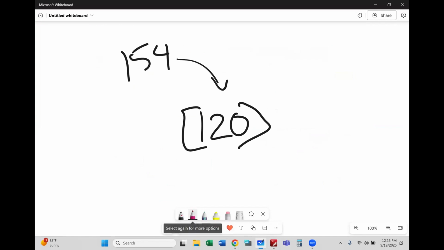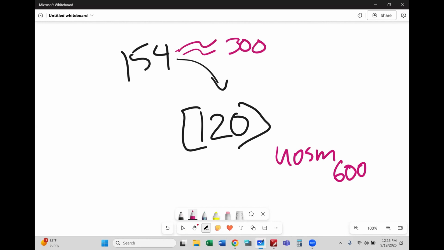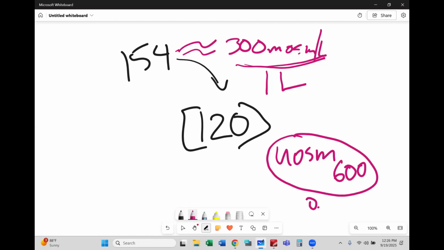Well, you should be able to explain to your resident that, let's suppose your urine osmolality, because of SIADH, is somewhere around 600 milliosmoles per liter. And you give them a fluid which contains roughly 300 milliosmoles per liter, okay? Then, theoretically, they can take all of these 300 milliosmoles, which you gave them in 1 liter of water, and dump it in a mere half a liter of water, right?